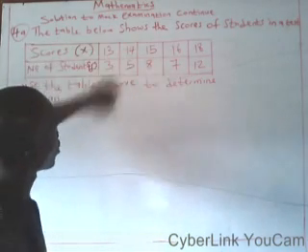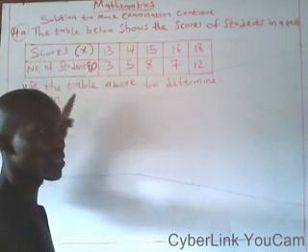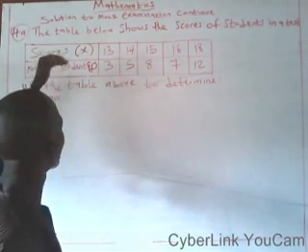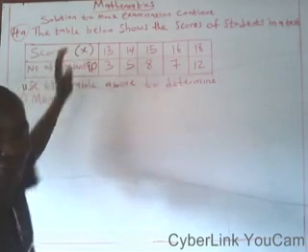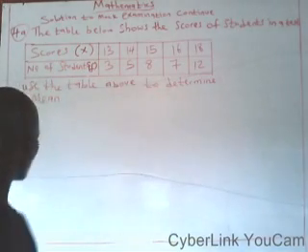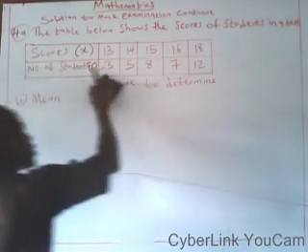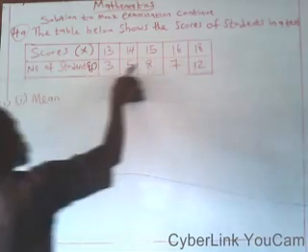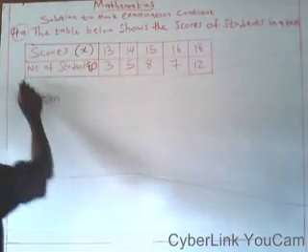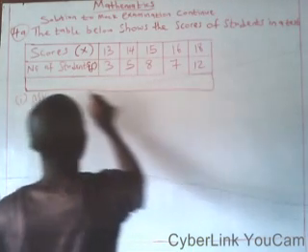If you are to determine the mean of this table, your formula for calculating mean is summation fx all over summation f. How are we going to determine our summation fx, and how do we determine the summation f? In that case, we are going to create another row with this particular table, and that row is going to be for fx.